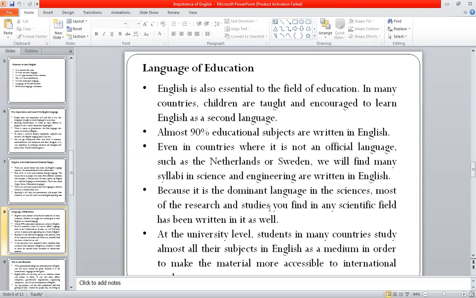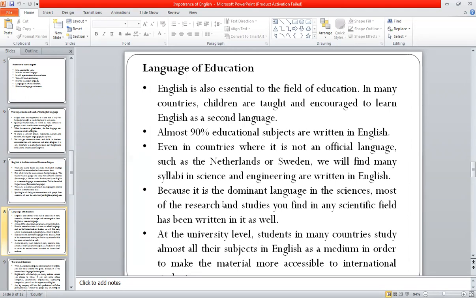There are many fields like the research field, science field, arts field, commerce field, medical field, engineering field, science and technology field. These are some of the fields where this language is known as the dominant language.